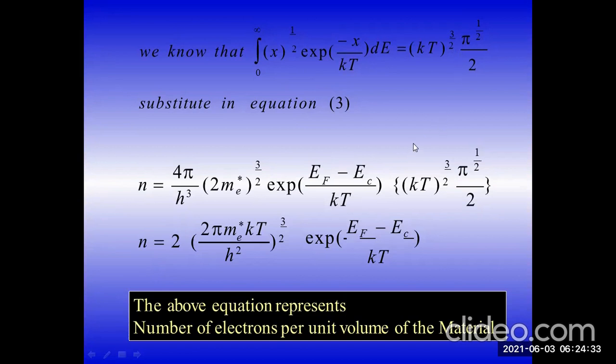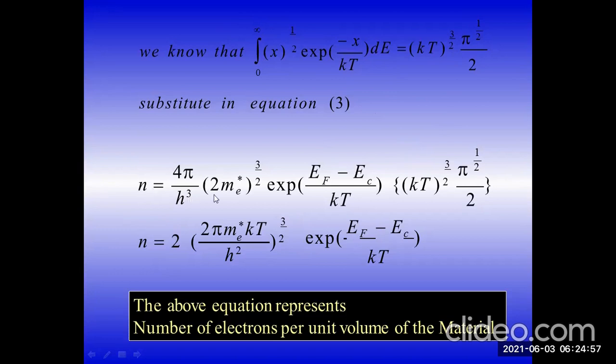In mathematics, if you are not aware of this, you can ask your mathematics sir. This is actually called the gamma function. The integration has a limit of 0 to infinity, with X to the power of 1 by 2 exponential of minus X by KT. This can be written as root pi by 2. So I'm substituting this in equation number 3.